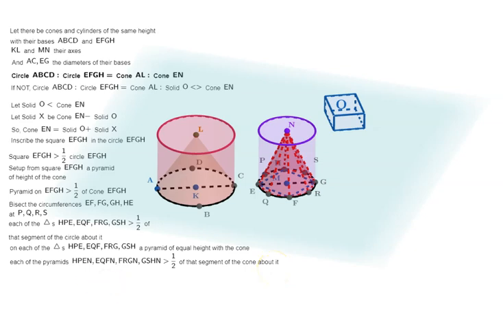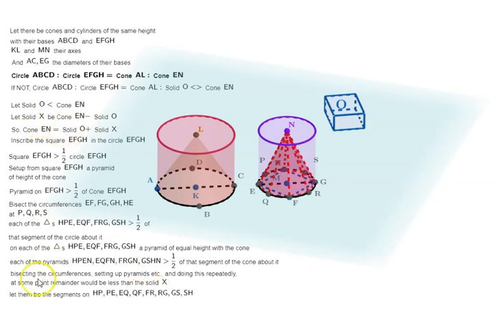As we have seen in previous propositions, we keep repeating this process of bisecting the circumferences, setting up pyramids, and doing this repeatedly so that at some point the remainder would be less than the solid X. For simplicity's sake, let's say those segments are HP, PE, EQ, QF, FR, RG, GS, and SH. So the remainder, the pyramid with the polygonal base HPEQFRGS and the same height as that of the cone, is greater than solid O.